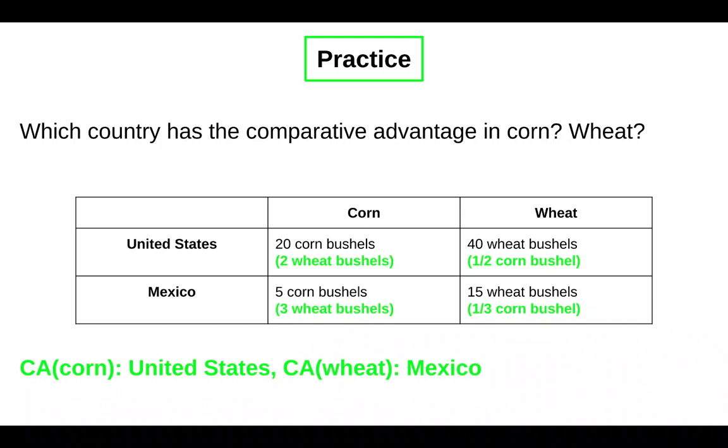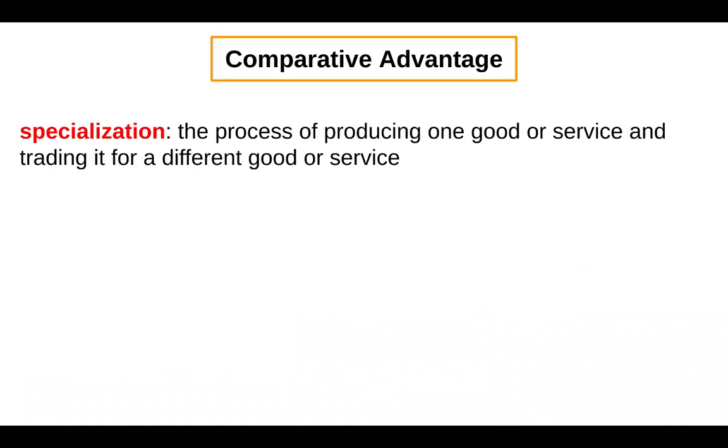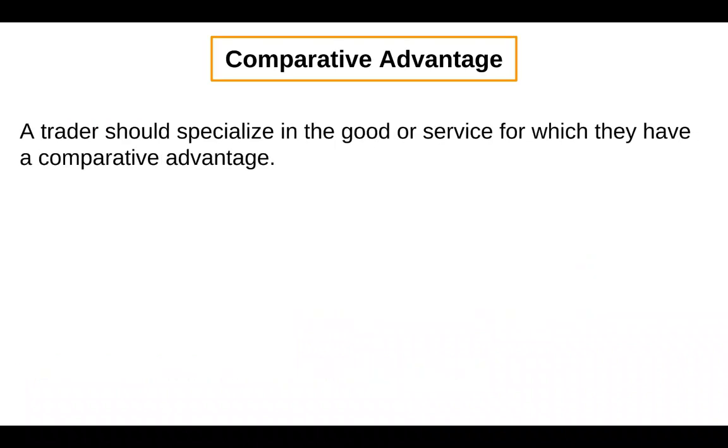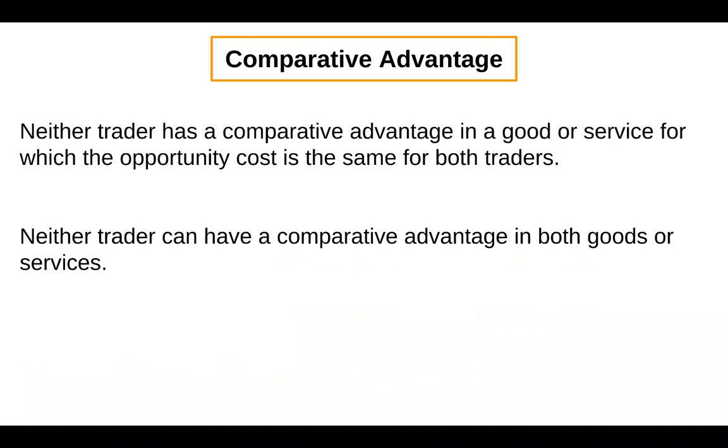Okay, so one tip that I will give you here: neither trader has a comparative advantage in a good or service for which the opportunity cost is the same for both traders. That's one thing to keep in mind. The other is that you cannot have a comparative advantage in both goods.